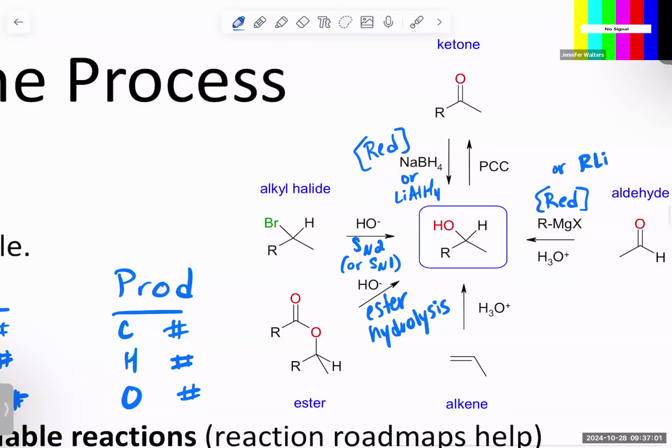It's important to note right here that a common flaw that happens on our reaction roadmaps is one, sometimes they omit acid workups altogether, or two, they might list it above and below the arrow, but they forget the numbers. So if you're using someone else's reaction roadmap, make sure you pay attention to the fact that we're always going to count the acid workup as a separate step.